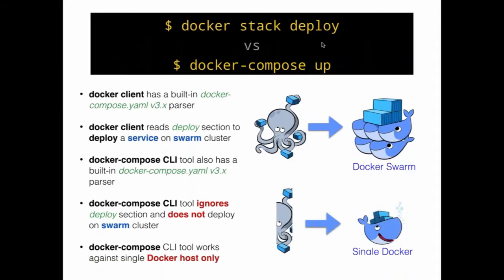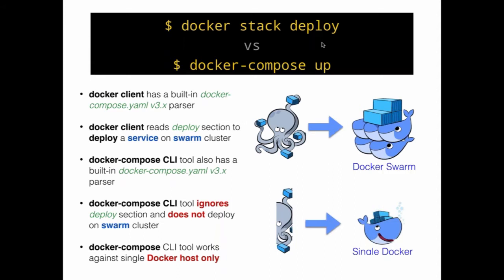What is the difference between Docker Compose app and Docker Stack Deploy? Actually, Docker Client and Docker Compose are two different applications. The Docker Client also has a built-in parser for the Docker Compose format.